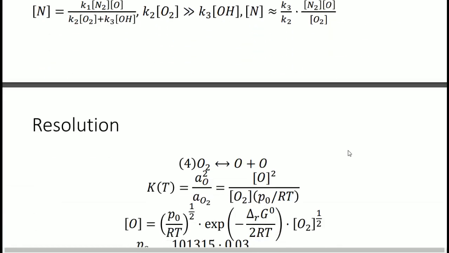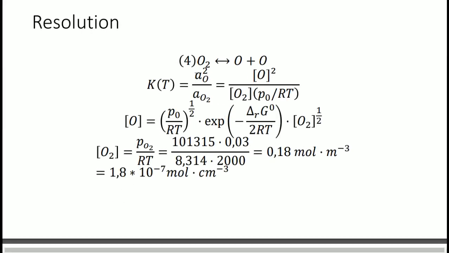Then we notice that we have equilibrium for reaction 4, as we said in the hypothesis. So we have the activity of O because it's a product, so the activity of O squared over the activity of O2.